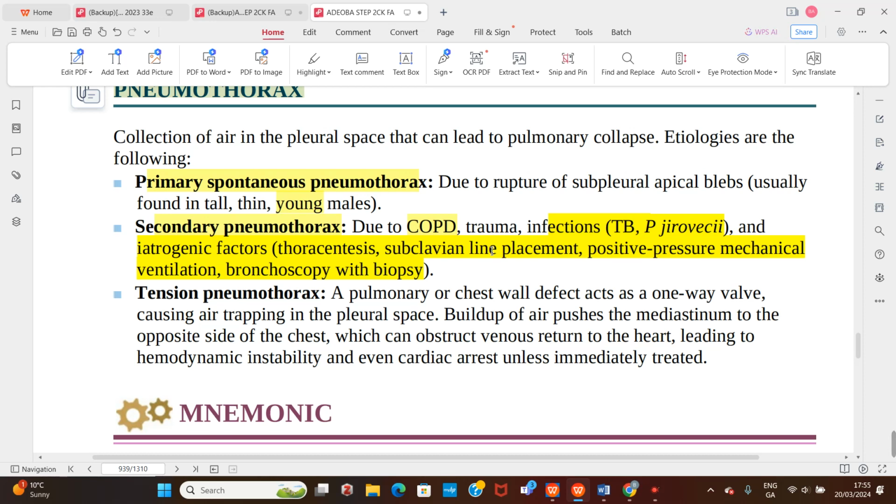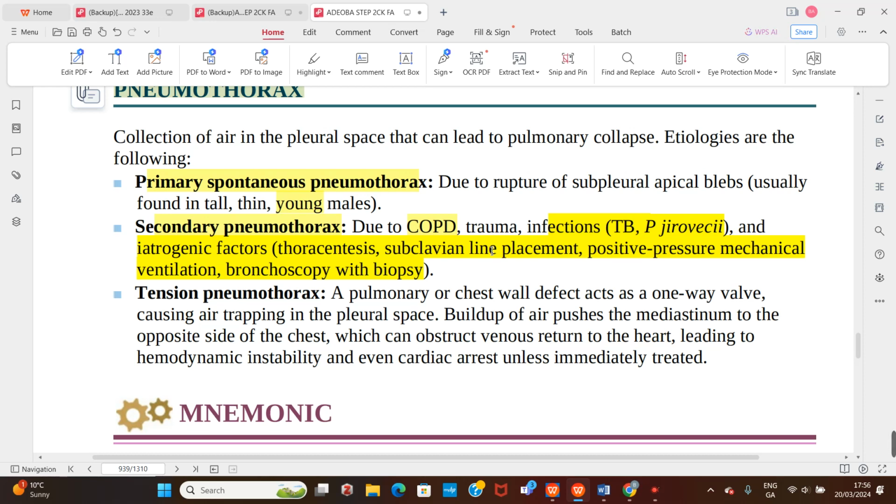Then finally, it can be iatrogenic. Somebody trying to do bronchoscopy, trying to take biopsy of the lung, mistakenly puncture the parietal pleura, you can have a hole created allowing air to track into the pleural cavity.